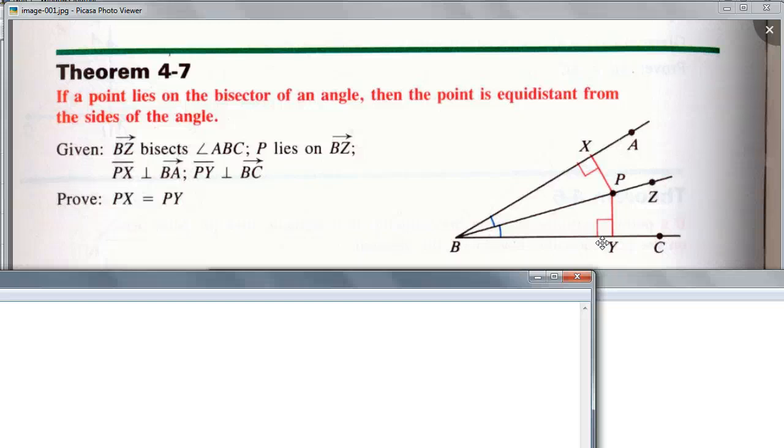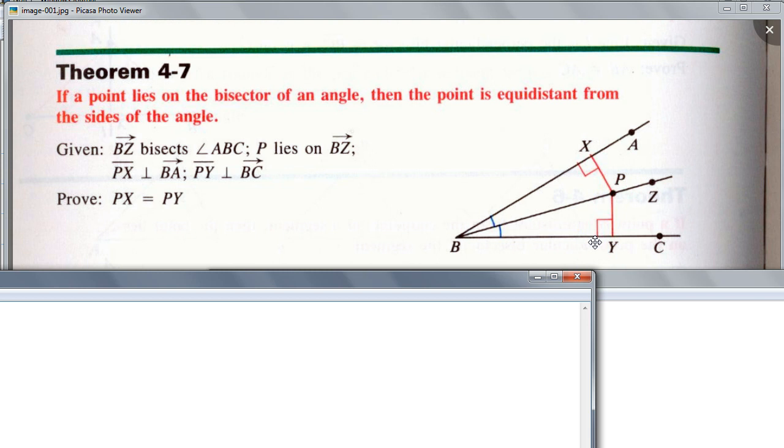Yeah, BP. They're sharing this common side, BP. Does that make sense? So by angle side, this 90 degrees, this blue one, and then the side. You see how that's angle side? The two triangles are congruent. Therefore, PX is congruent to PY by what? Corresponding parts of. Very good.